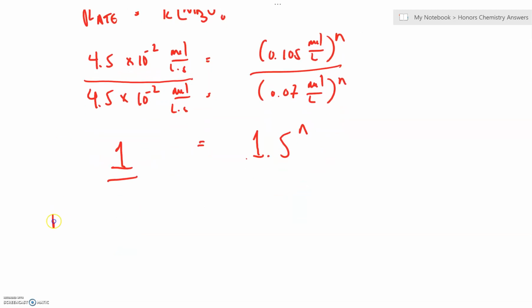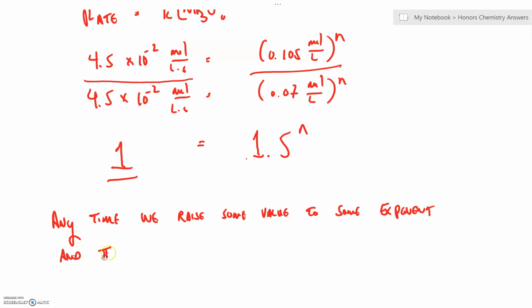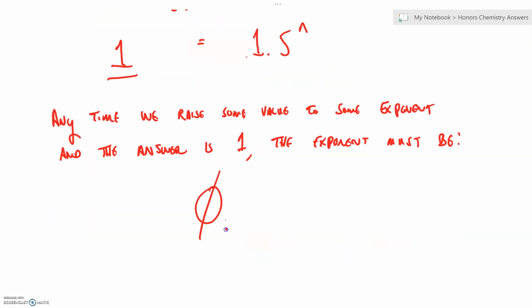Ladies and gentlemen, anytime we raise some value to some exponent, and the answer is 1, the exponent must be, anyone want to guess? 0.